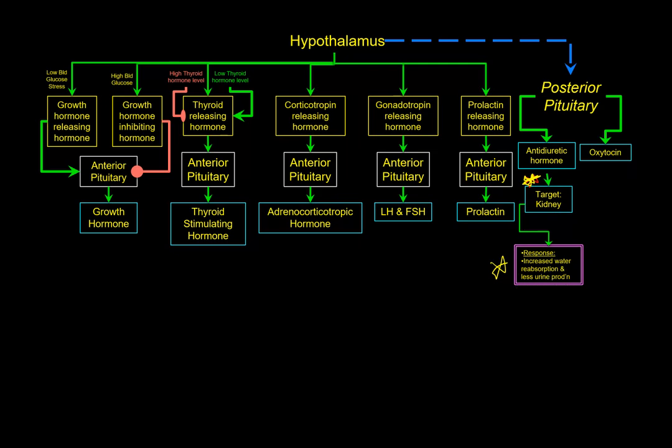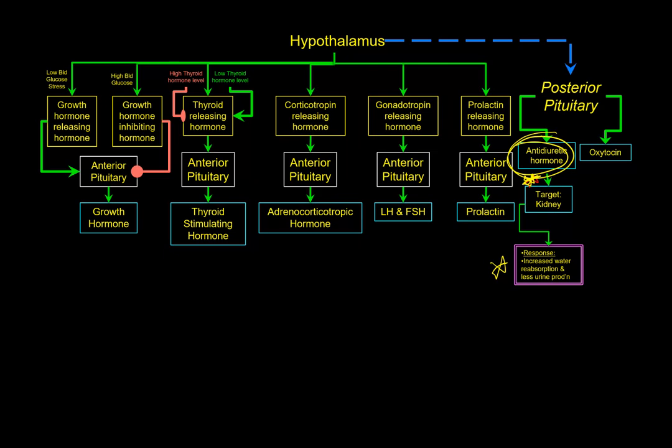Now you might go, okay, when does that happen? When you get dehydrated, let's say you get a stomach bug and you're puking and puking and puking and you've got diarrhea really bad, your level of fluid in your body actually drops dramatically. You become dehydrated. Antidiuretic hormone is definitely going to get released at this point because one of the places that we lose the most fluid is when we're making urine.